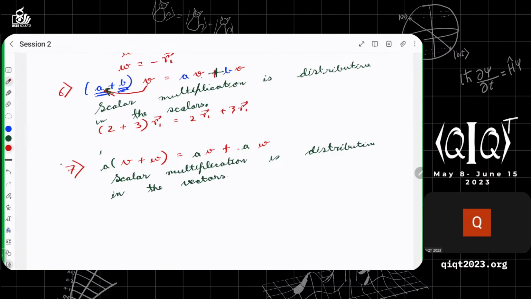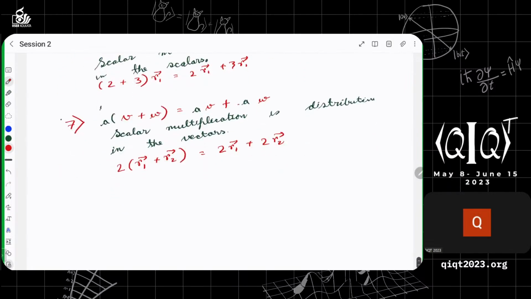And a similar example you can think about for the real space. So say 2 times (R1 vector plus R2 vector) is 2 R1 vector plus 2 R2 vector. So this is what it says.